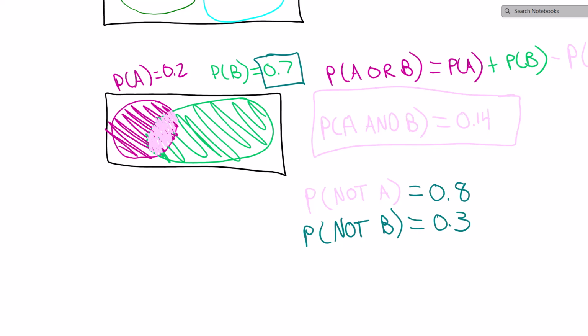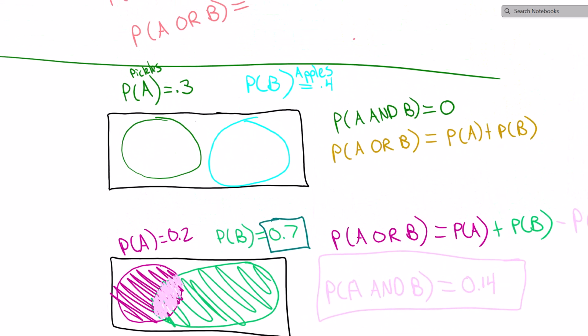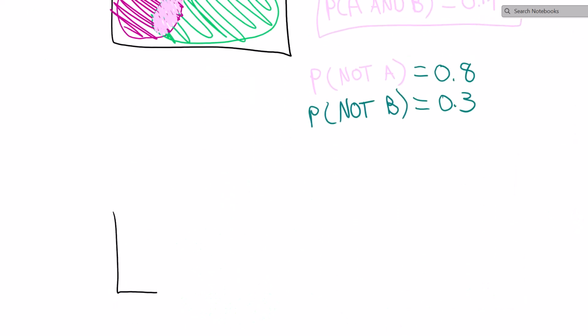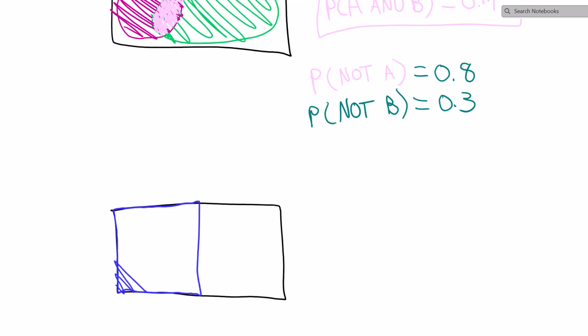And so in a case where things are mutually exclusive and they take up the entire sample space, let's draw an example of that. Let's say our sample space is represented by this rectangle, and then A is everything from here to here, all of it.